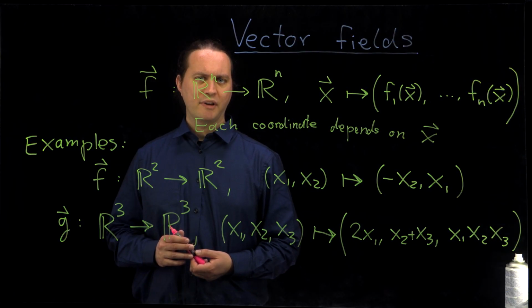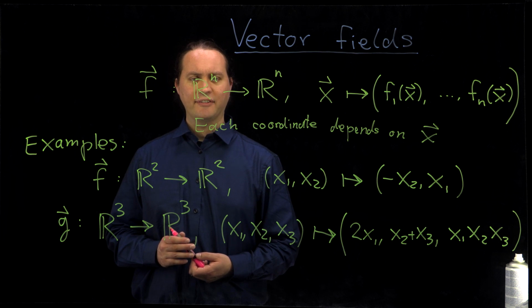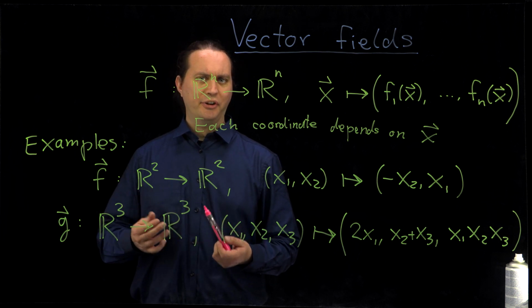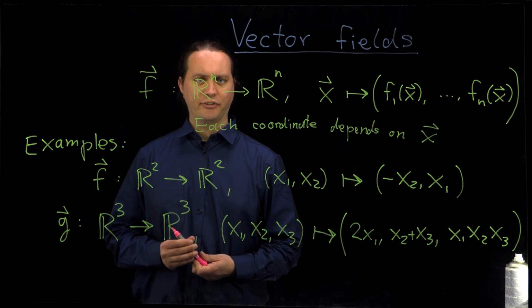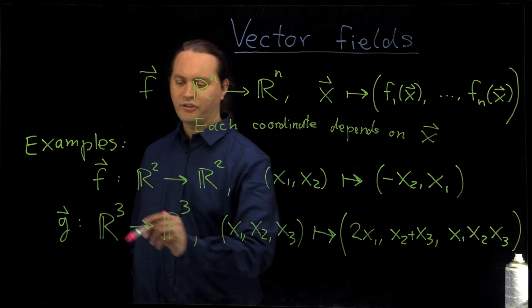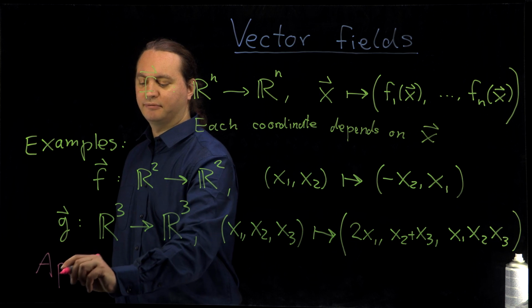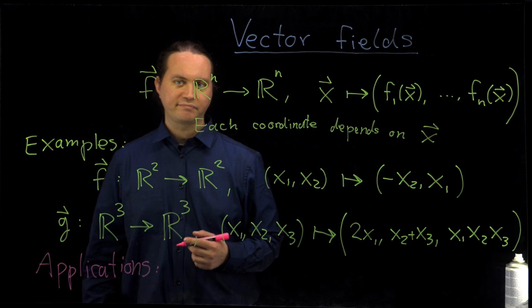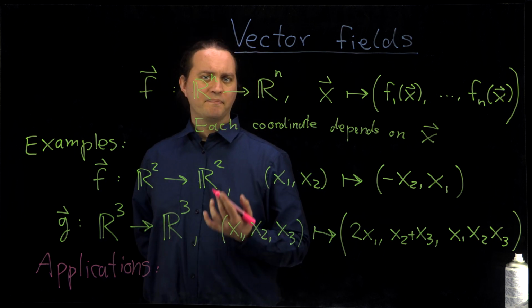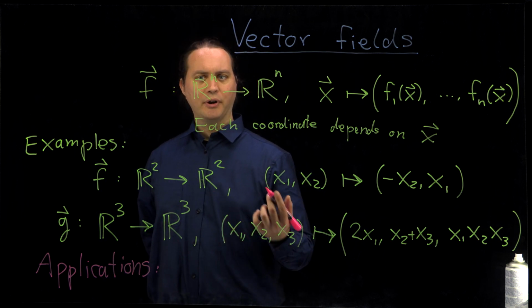Vector fields are present all over the place in science and engineering. They've got tons of applications, tons of physical concepts are modeled in terms of vector fields. So some applications that I would like to point out here. Generally speaking, vector fields describe the flow of something.